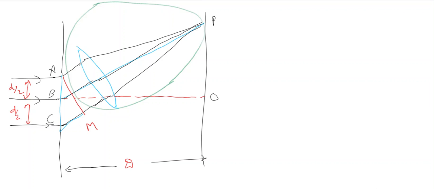Suppose Cm is equal to 1 lambda, then automatically let this point be Bn, it will be half lambda. So what I mean to say is that if you take A and Bn, then on A you have this condition, and on Bn you have half a wave more.